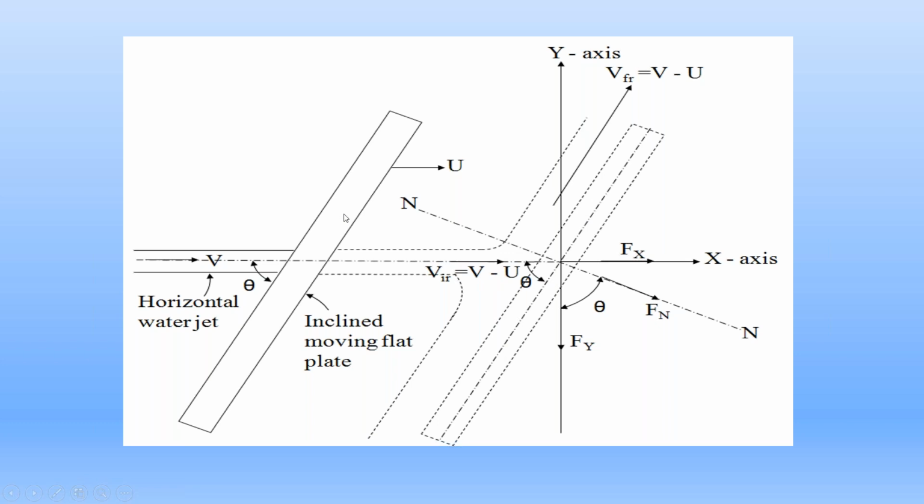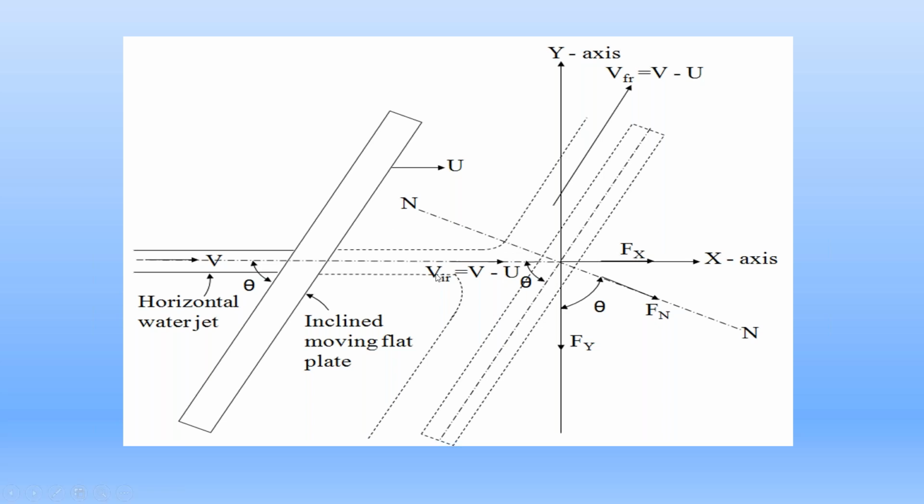Since the flat plate and the water jet both are moving, the water jet strikes the moving inclined flat plate with relative velocity, not with the absolute velocity v. That is Vr.